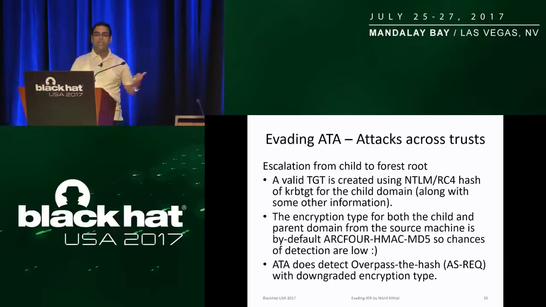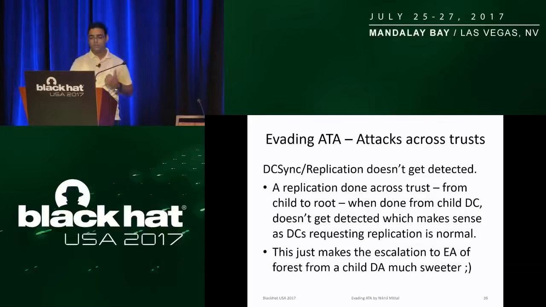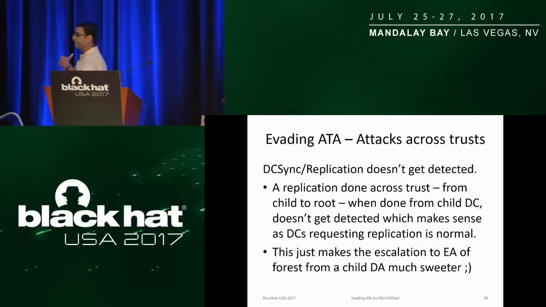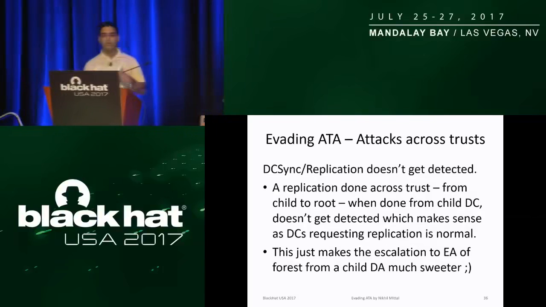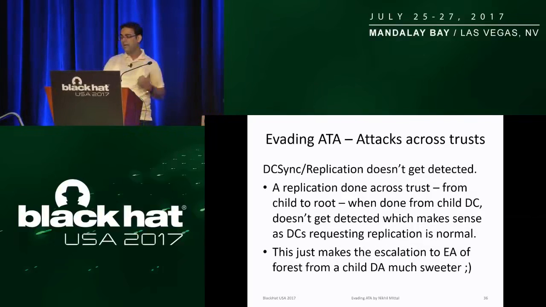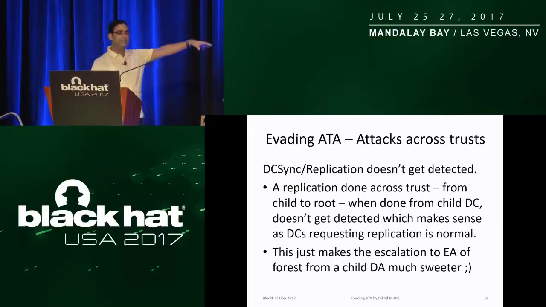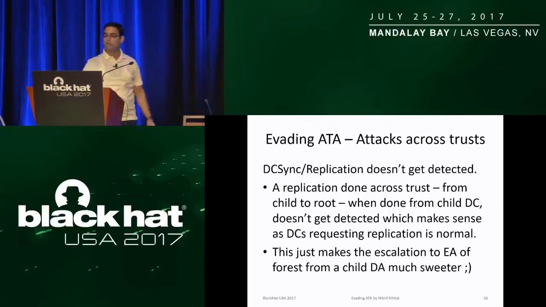Why? Because that interrealm TGT is still using the RC4 hash. So no detection. If you run a replication or a DC sync from a child domain controller, during my testing, that was not detected. Right? So that is the only DC sync bypass or avoidance I know of.